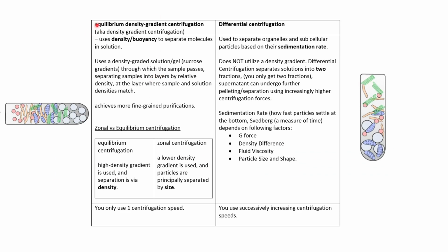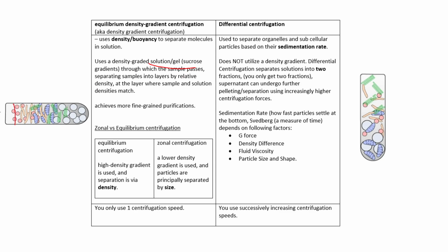So, equilibrium density gradient centrifugation. The difference between these two types of centrifugation is that density gradient centrifugation uses a solution or gel through which the sample passes.